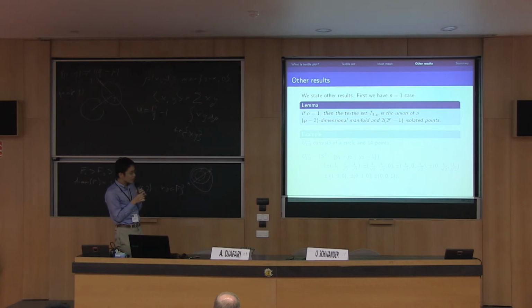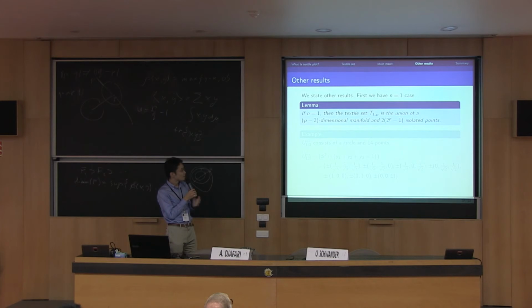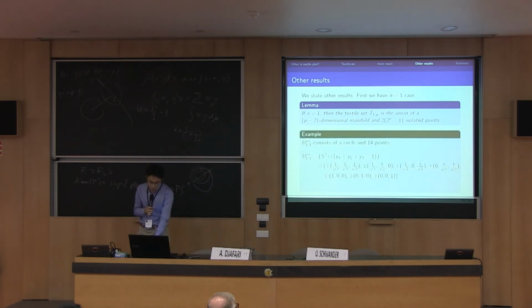First, we have the n equals 1 case, only one observation. If n equals 1, then the textile set is the union of a p minus 2 dimensional manifold and some isolated points. For example, U_13 consists of a circle and 14 isolated points. It is a little strange result.